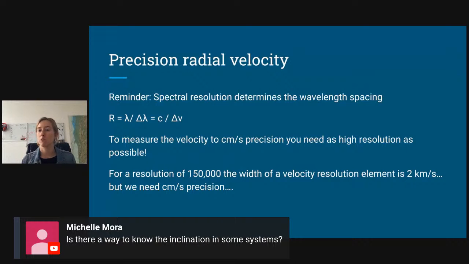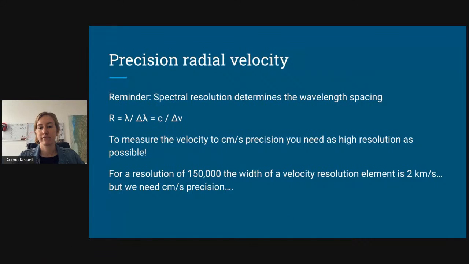So it's not really possible. Maybe combining another technique, like direct imaging, if you can directly image it, or emission spectra or something. But it's not easy to get the inclination if the system's not transiting.